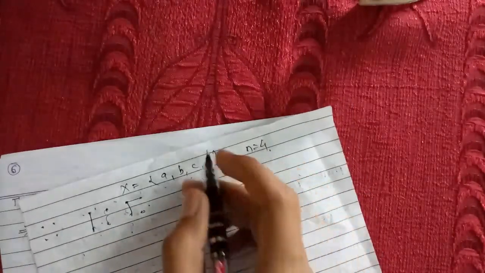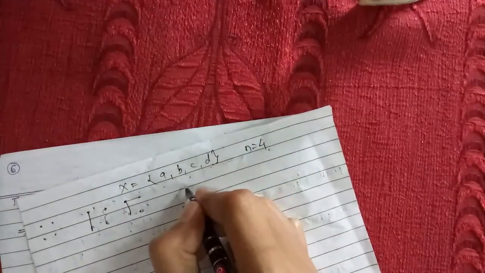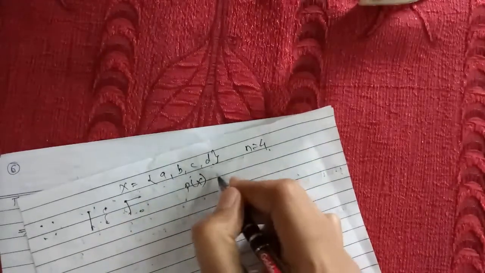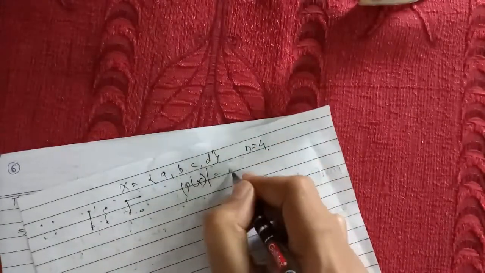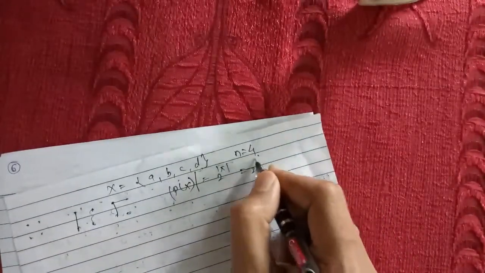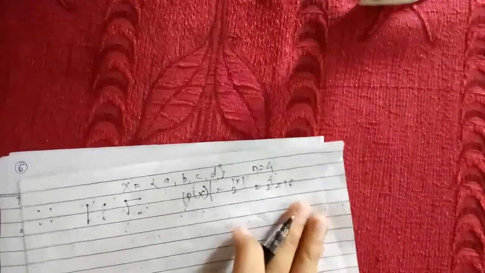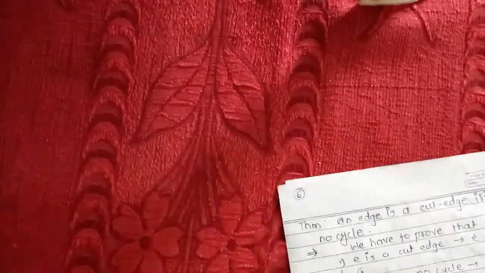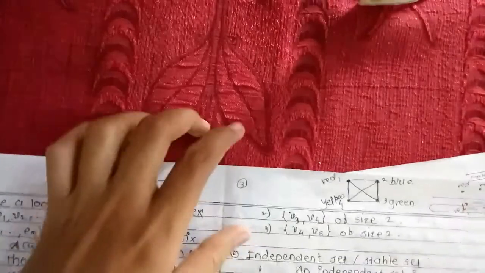We know that all subsets of the set X means the power set of X. The cardinality of the power set of X is 2 raised to the cardinality of X, which is 2 raised to 4, that is 16. Therefore, we can draw 16 graphs with 4 vertices.